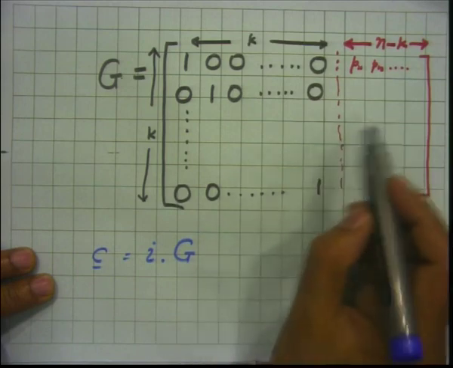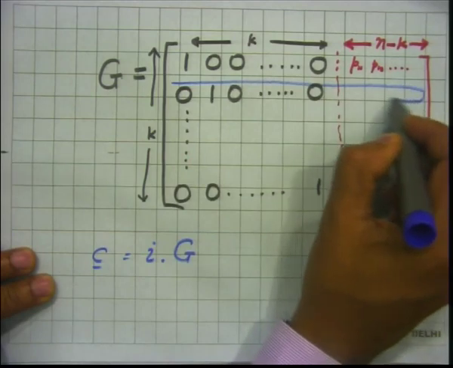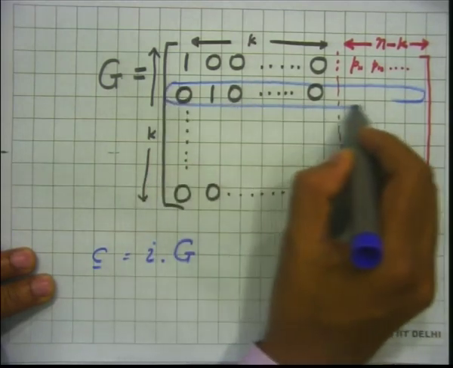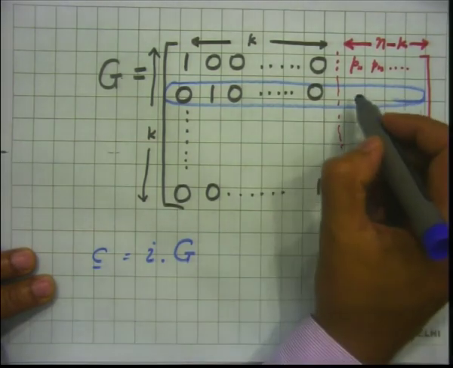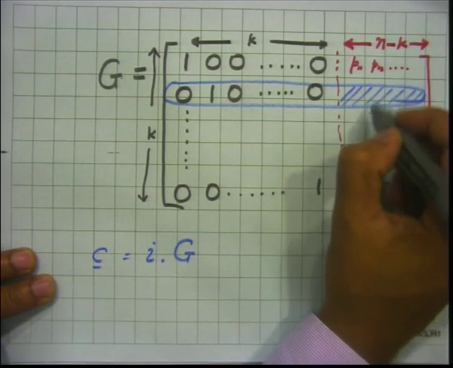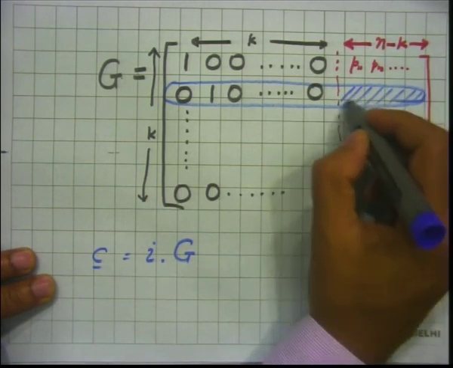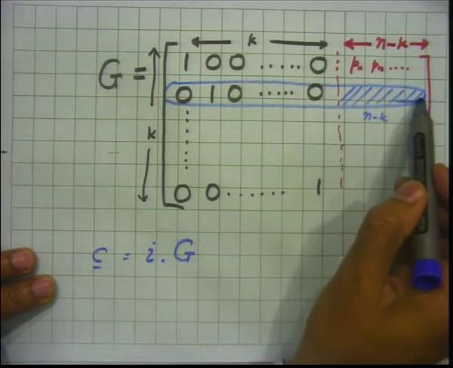Fine. Now, if you just pick any one of the valid code words, you will have here at most n minus k. So, you can have this as all of them non-zero.